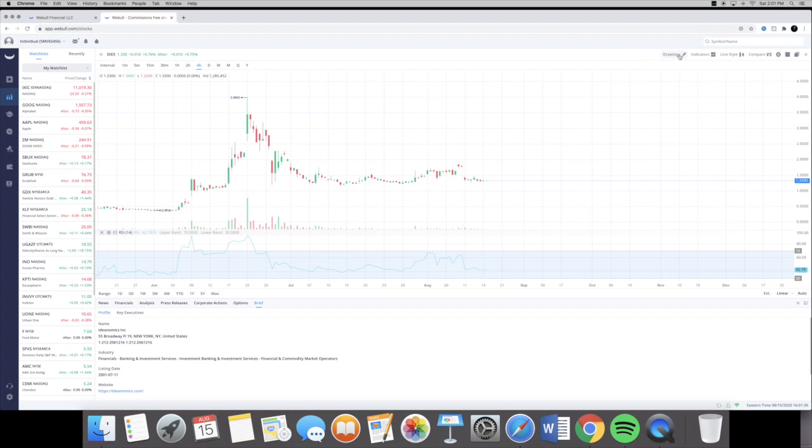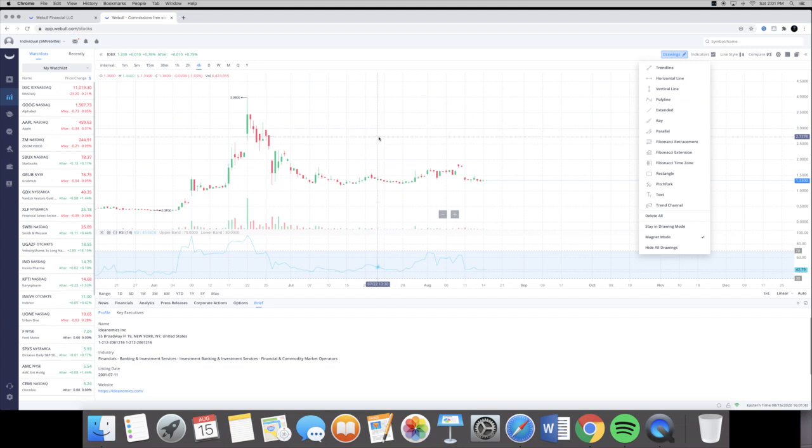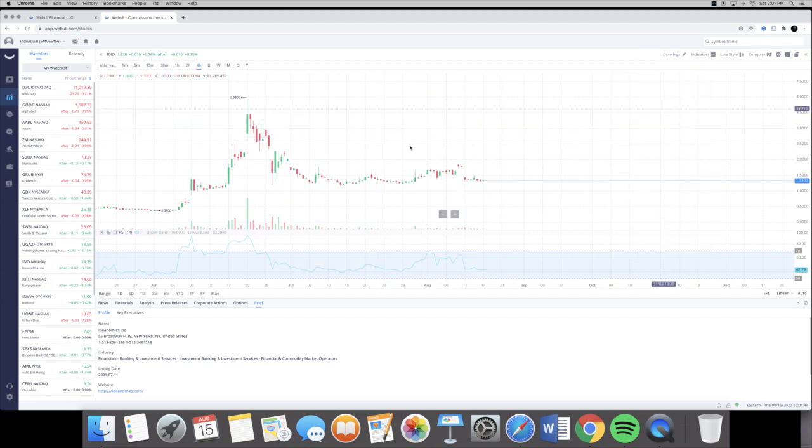Now, one thing I like about Webull is that you can draw lines. Later on I'm going to explain how to draw the support line, resistance line, stuff like that. But just for example, I can come right here, and this is my highest point. I can draw a line right there.